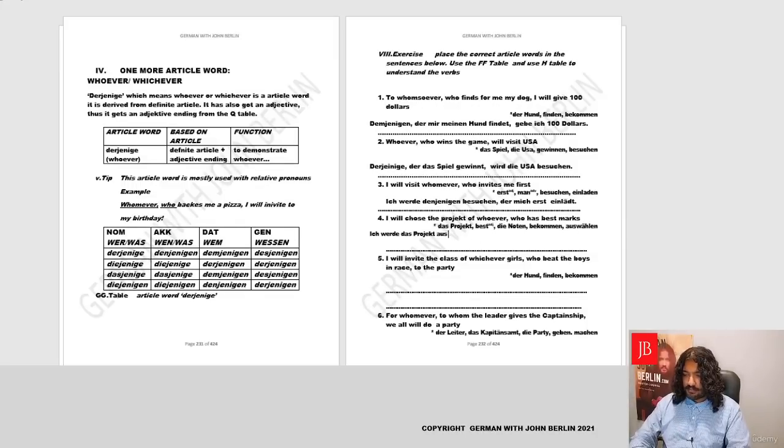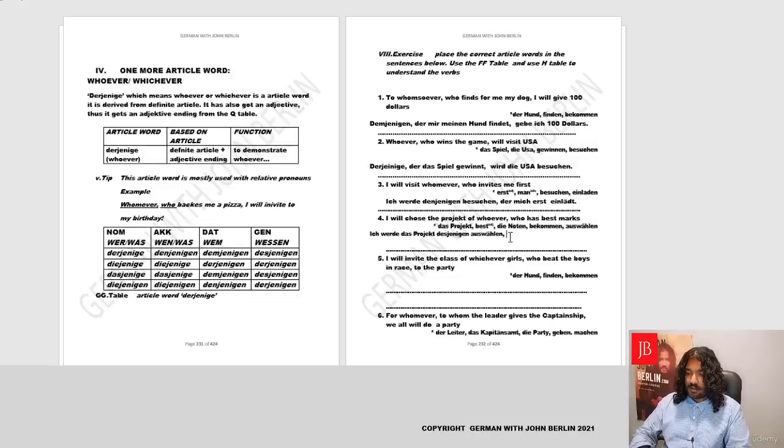I'll choose the project. Okay, I missed something here. Ich werde das Projekt. Now we just need to write basically of whoever. Of whomever would be basically desjenigen. By default, we'll pick up masculine. So we could write ich werde das Projekt desjenigen auswählen.